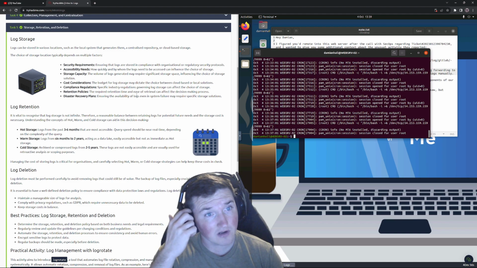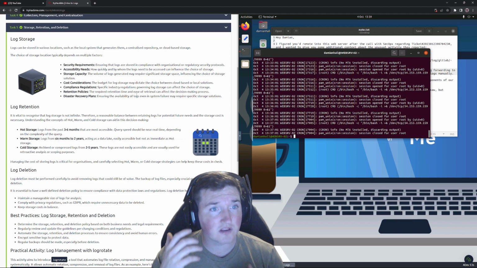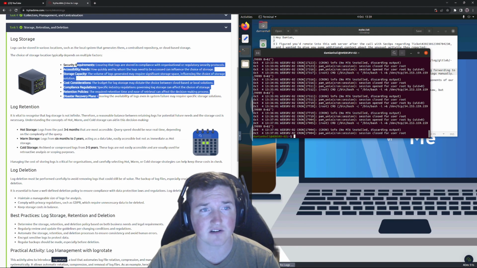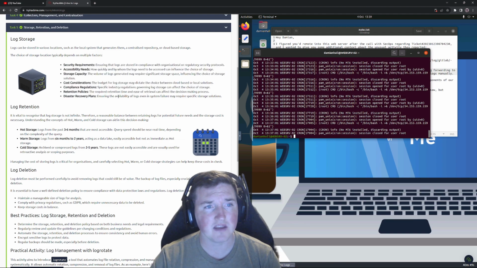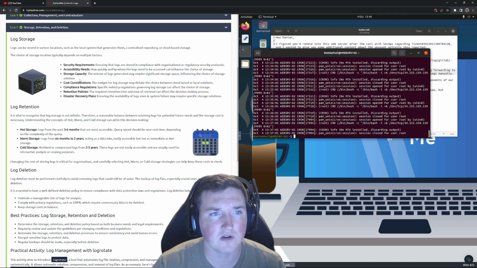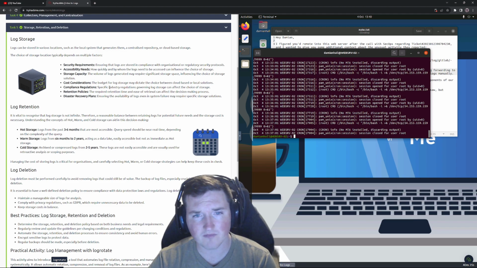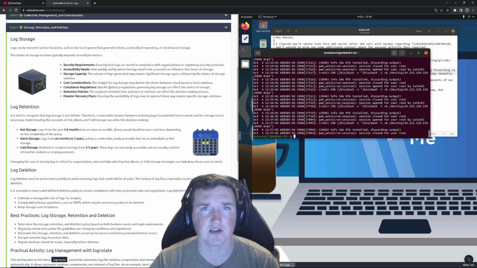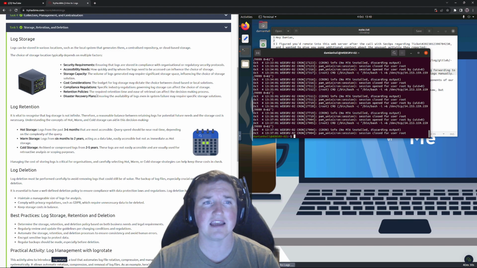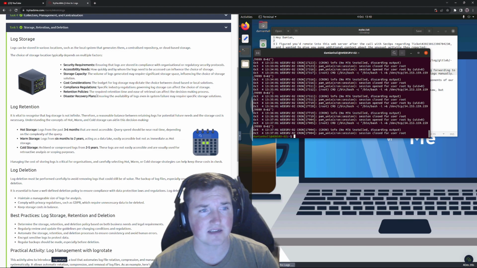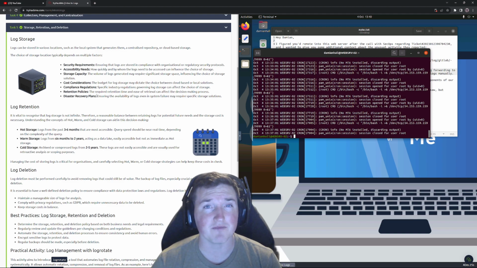Now, I will tell you, the reason these considerations have to be considered very seriously from a business perspective is because the cost is going to change dramatically. So for instance, it says here cost considerations and accessibility needs. Those are two things you have to consider. Well, what if the logs you're storing have to be stored for multiple years? Things like AWS Glacier, if you've ever used it, are extremely cheap for storage, but you can only access it so many times a year.